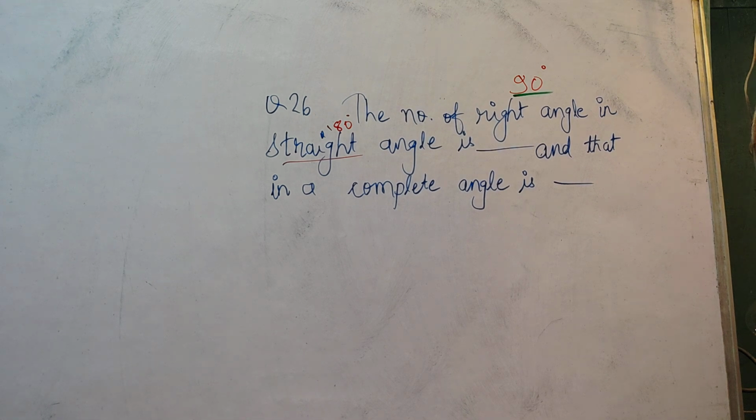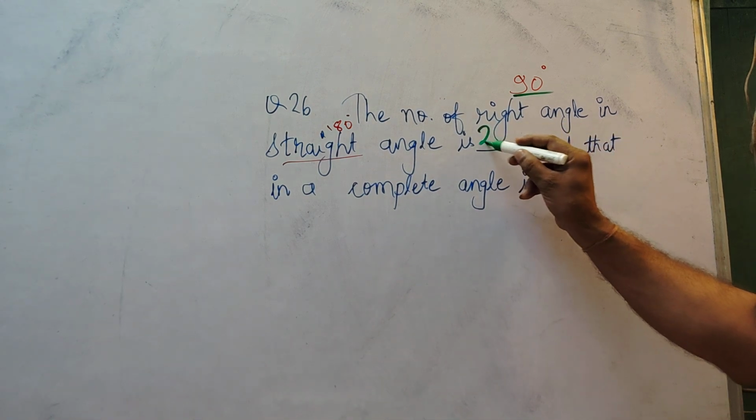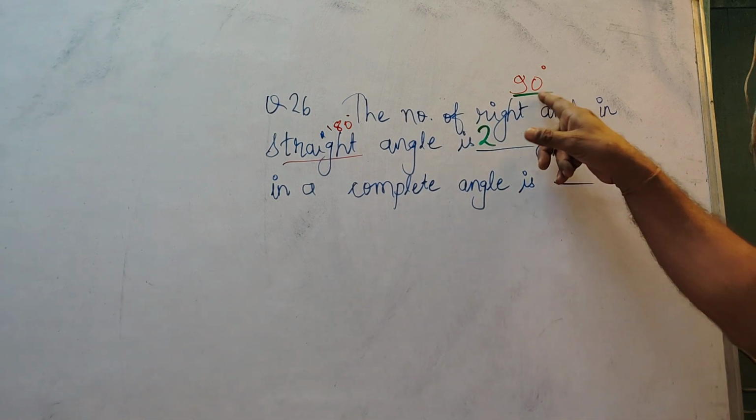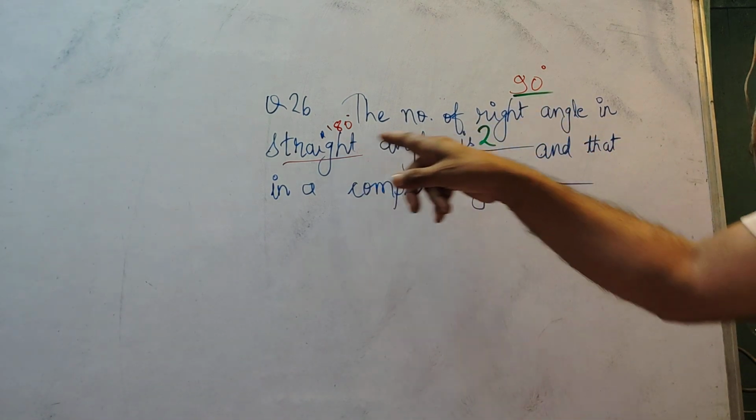Can you say how you are choosing one? If you see, 180 is 90 plus 90. So yes, 90 plus 90. So two 90s are required to make a straight angle. Two right angles are required. So it is not one, it is two. So two right angles make one straight angle.